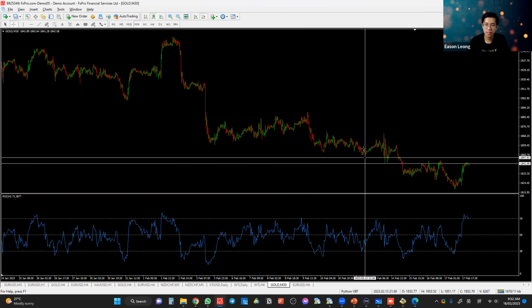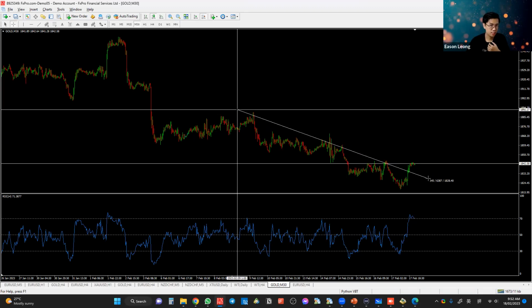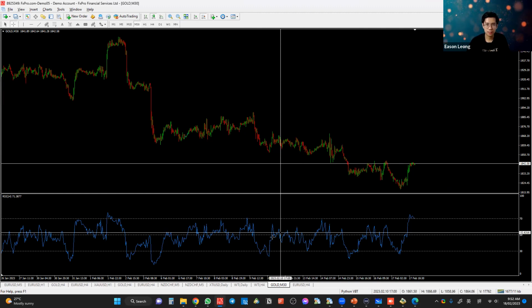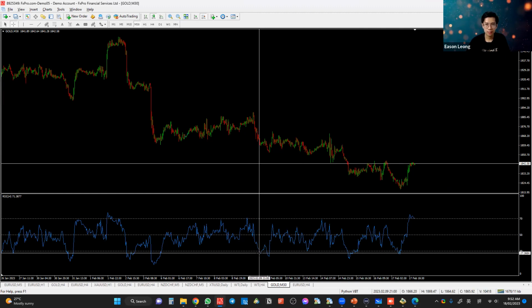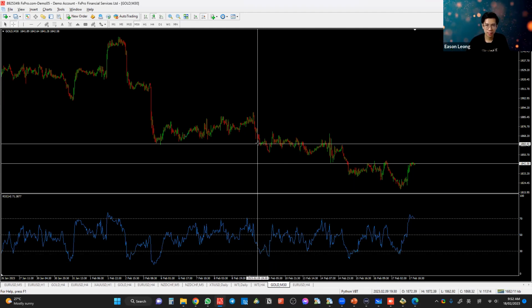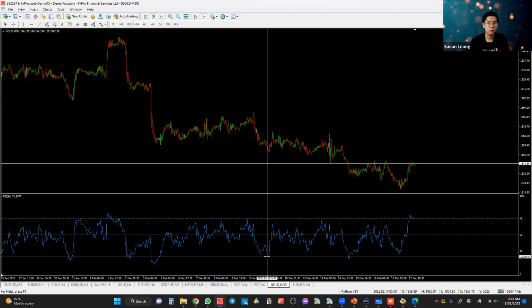But if it's in a trending market, the usage will be slightly different. What you can see here is a downtrend. The RSI comes to the bottom. Let's say you make a buy, and then it goes up, then down again. Down again, then you will need to do dollar cost averaging, which I'm going to talk more about in a moment.